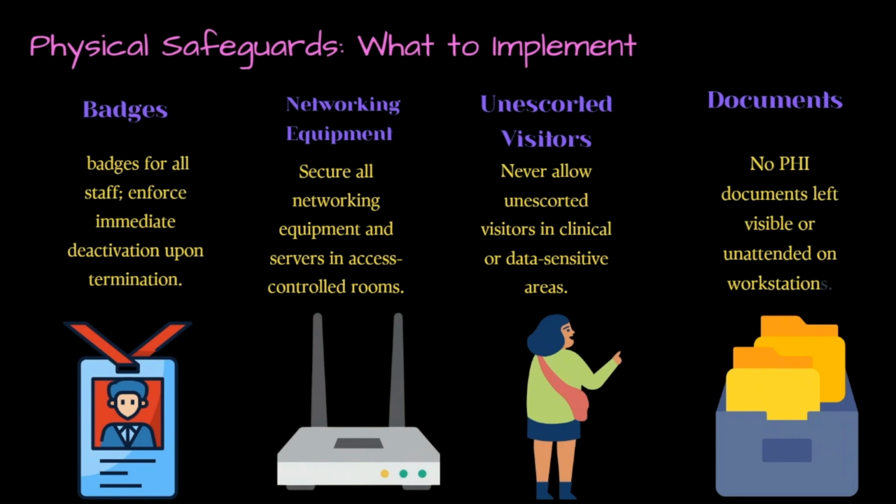Therefore only people who have access to the room, like a key, a card, or a pin, can access it. And as for unescorted visitors, never allow unescorted visitors in clinical or data-sensitive areas, because again, you don't know who these people are and you don't know what they're capable of. So make sure they are always escorted.